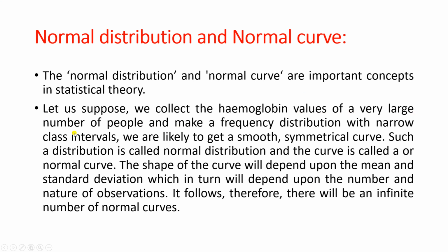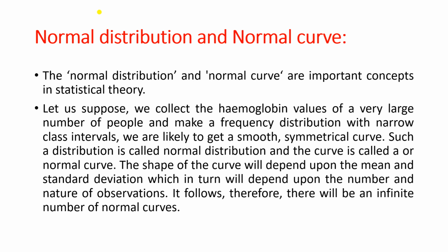Also, narrow class intervals. So how can we make the class intervals while making the data set from the hemoglobin level? Suppose the lowest one we had is 8 and the highest one we had is 15, gram per deciliter.